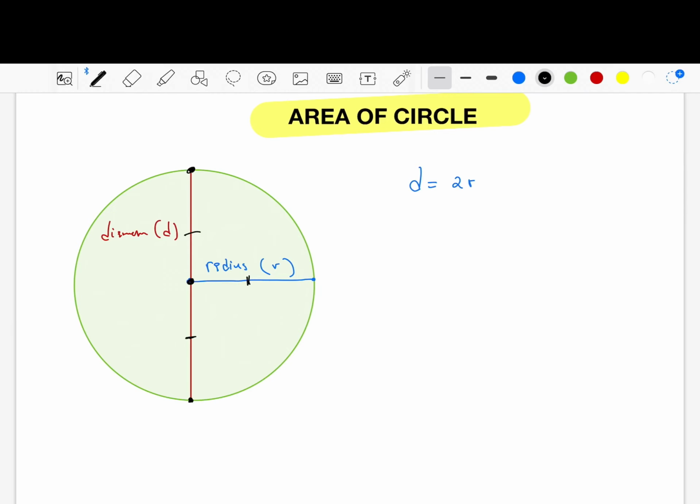So a diameter is twice the radius. And the area of the circle is equal to pi r squared.